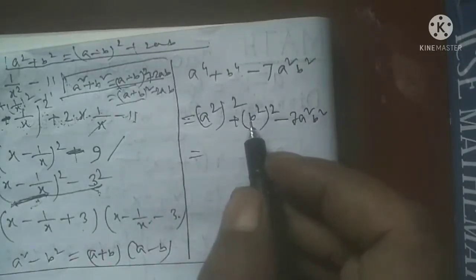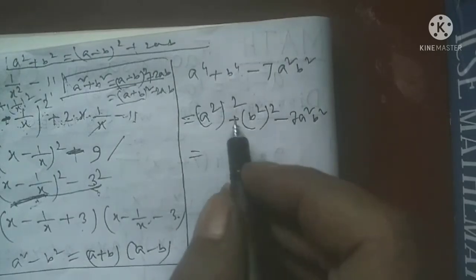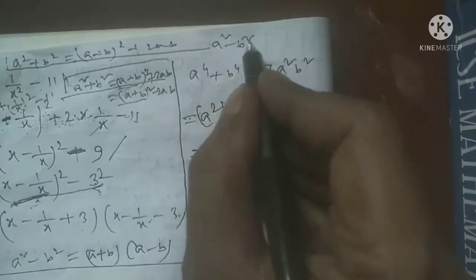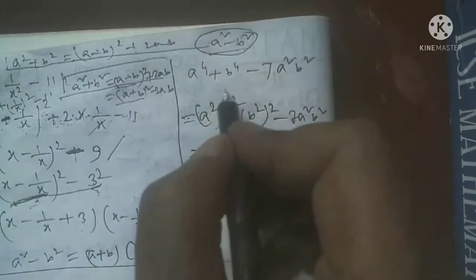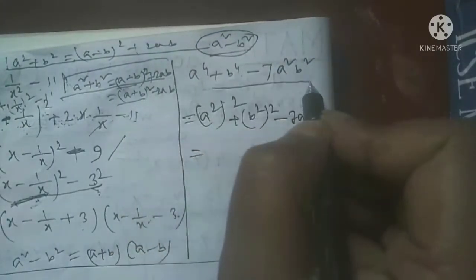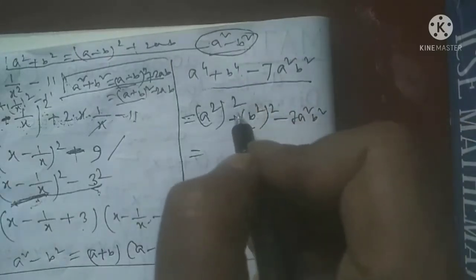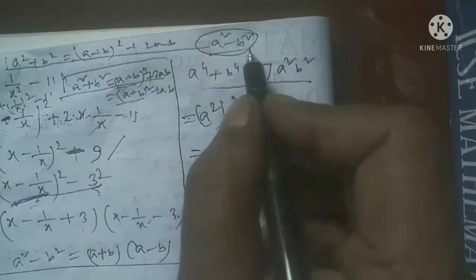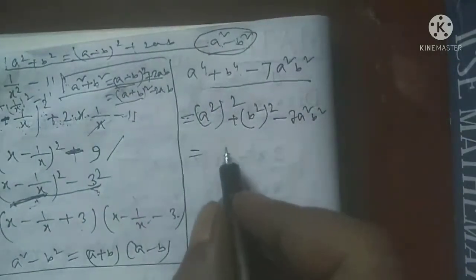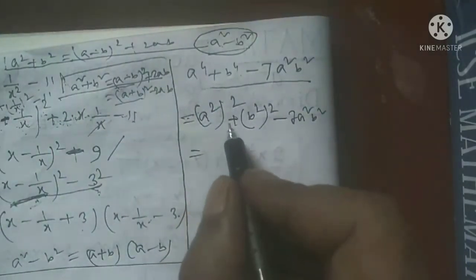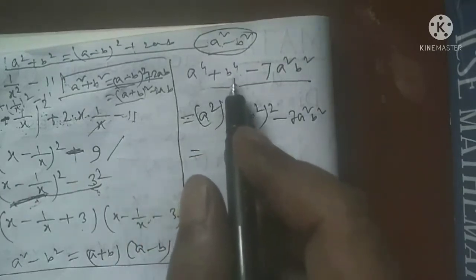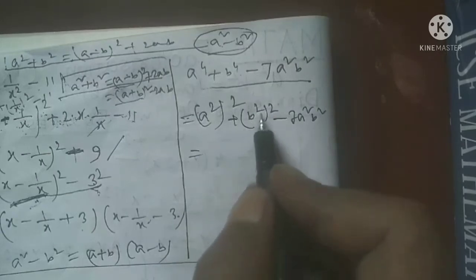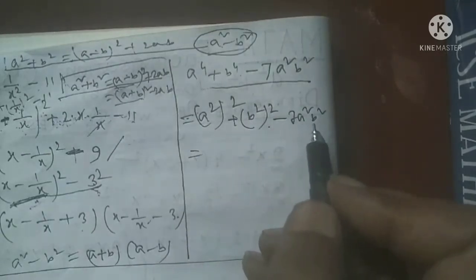Why am I applying another formula? You can apply a square minus b square, no? But you never applied it on this expression. So first of all, you have to make this expression in the form of a square minus b square. If you break a to the 4 plus b to the 4, then (a square) whole square plus (b square) whole square minus 7 square b square.